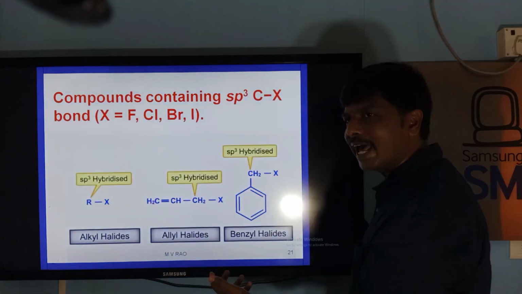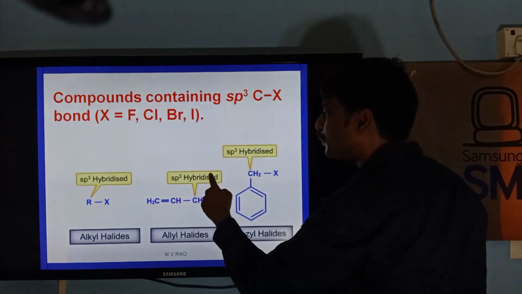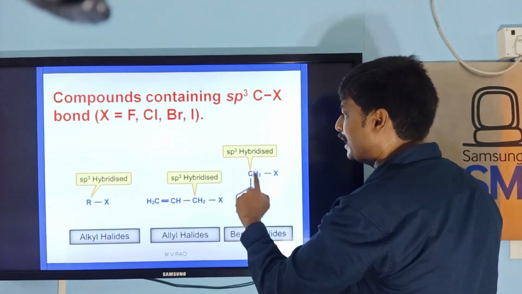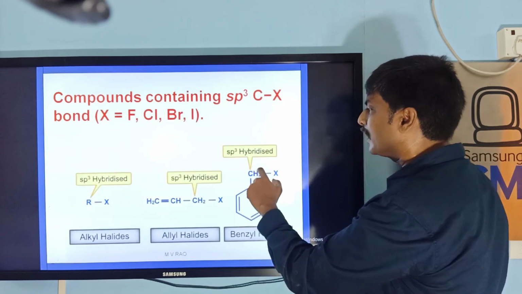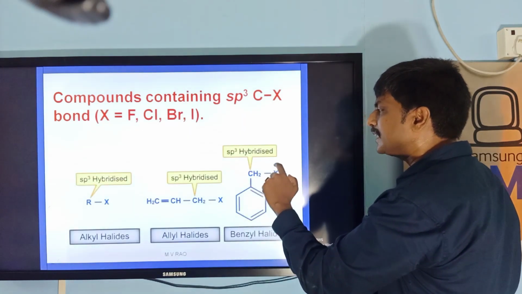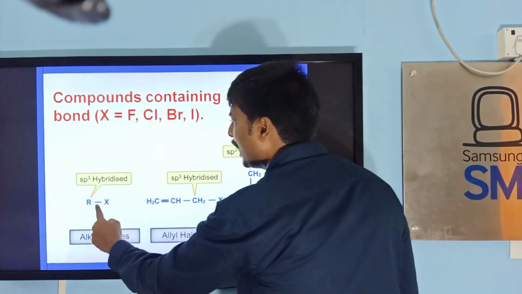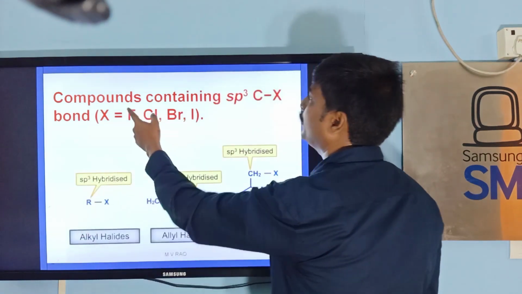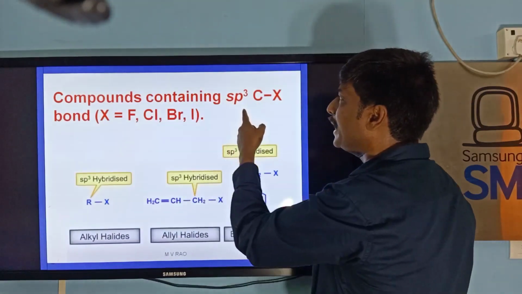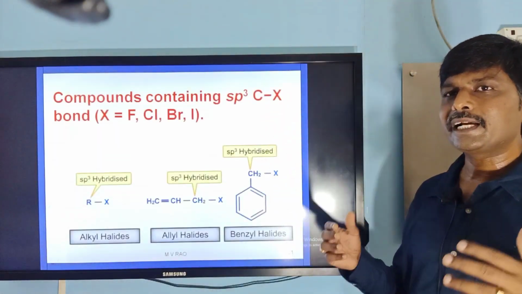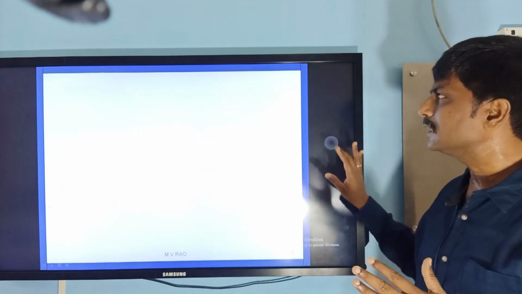You take allyl halides, here the carbon is sp3 hybridized. This group is called allyl. You take benzyl halide, here also X is attached to sp3. Halogen atom is attached to sp3 carbon. It is one type of classification.